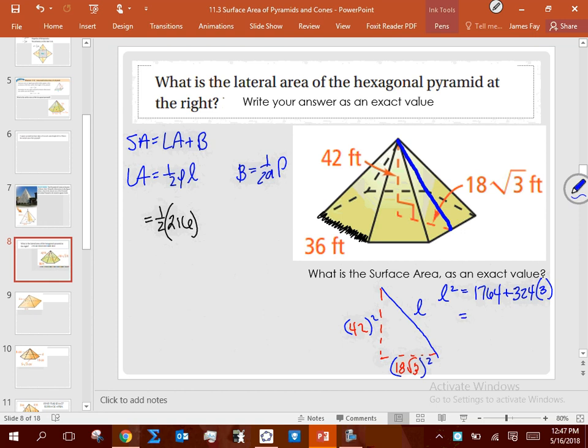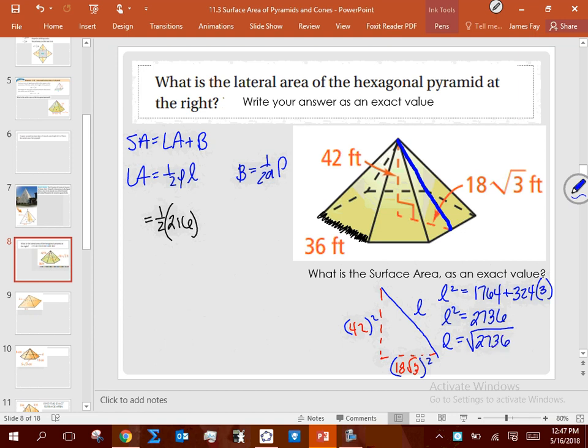So when I take 1764 and add to it 324 times 3, it gives me 2736. That's L squared. So L is going to be the square root of that, right?